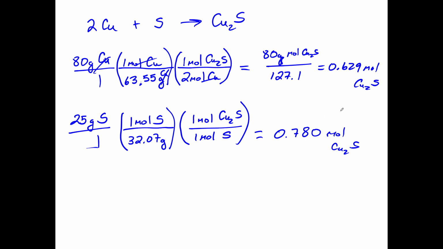Now, if you look, even though I have 80 grams of copper, I'm only going to make 0.629 moles of copper 1 sulfide. So the copper is limiting.